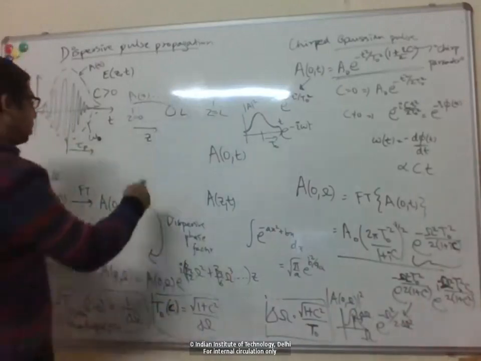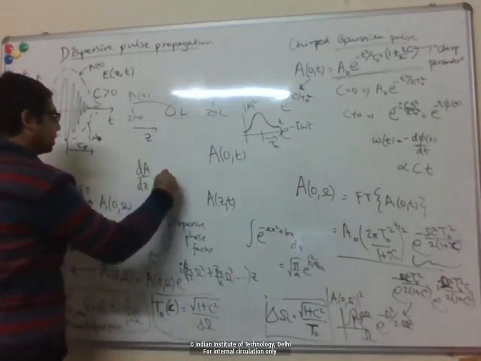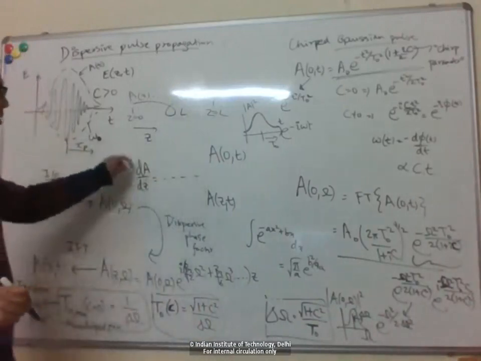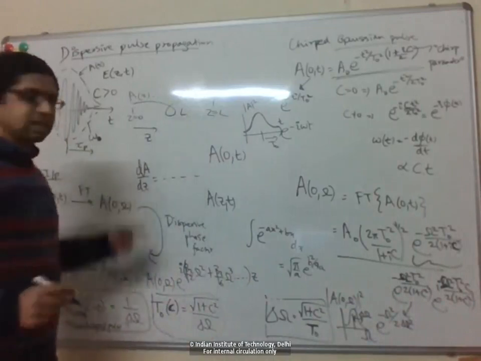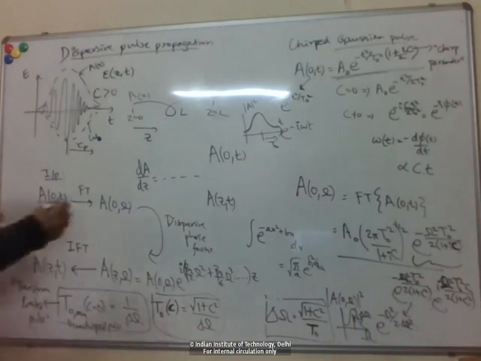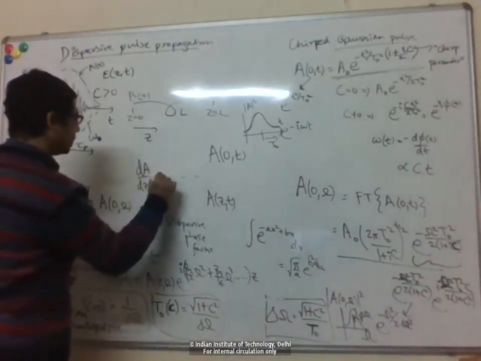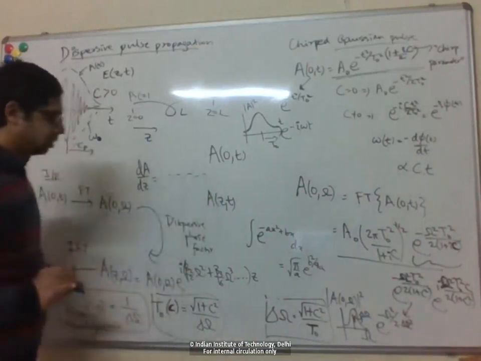So we want some equation where we see what dA/dz is equal to something, right? Because we want to find how A is changing with z. So it turns out that a first order differential equation in z is enough, right?